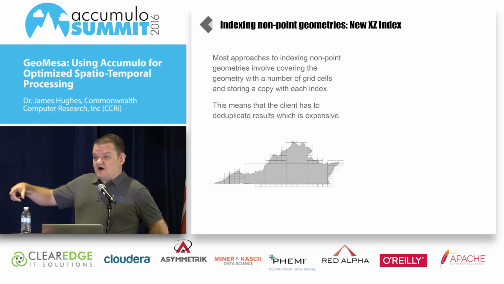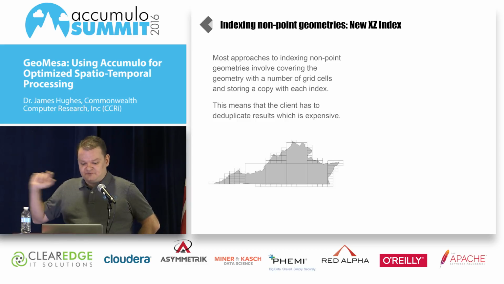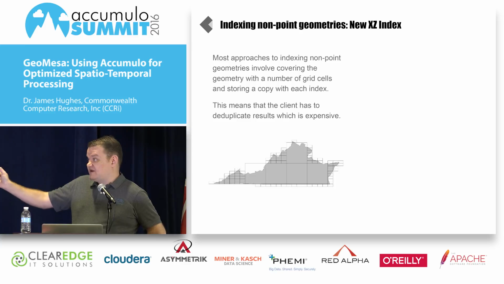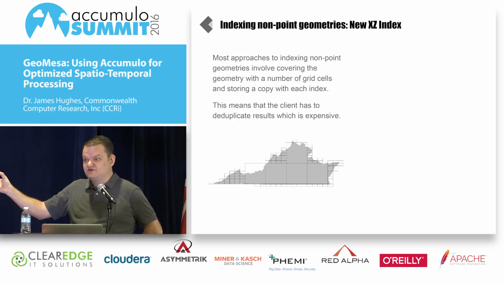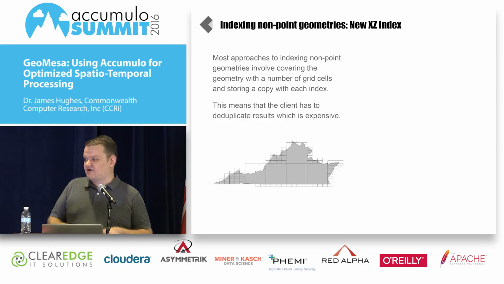We can split the time up into this week since epoch, and we can also split it up into the seconds inside of the week. If we take that seconds inside of the week with the X and Y, we're going to use this 3-dimensional space-filling curve Z3. That gives us the next 8 bytes. We're not worried about doing anything fancy with column families or column qualifiers here in this example.